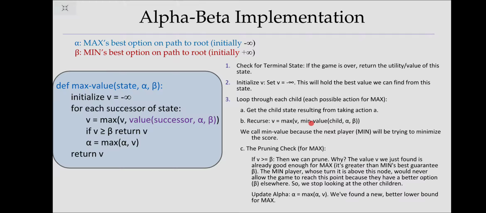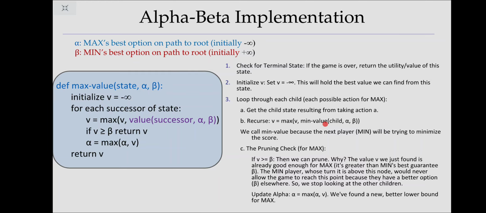The child is a min player. Because of that, min value is called. But instead of sending just the child as the argument, we augment alpha and beta in the list of arguments of this function.